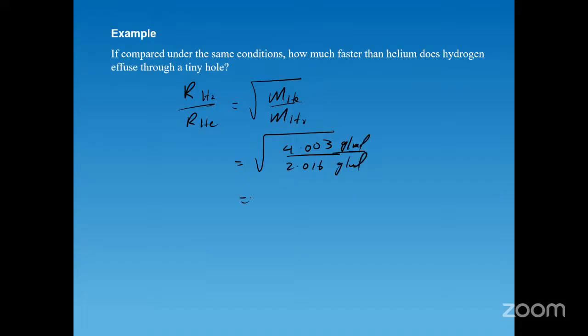And then we do the number crunching, so 4.003 divided by 2.016. And then I find the square root of that. And according to my calculation, when rounded off to 4 sig figs, that's going to be equal to 1.409. All right. So basically, the rate of diffusion of hydrogen divided by the rate of diffusion of helium is going to be 1.409. Remember now, the question is asking how much faster than helium does hydrogen diffuse?